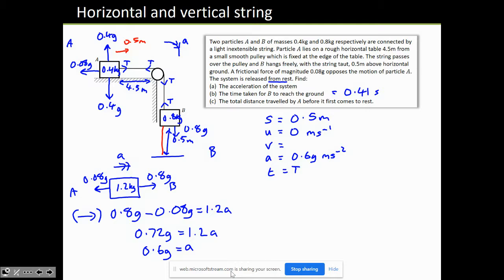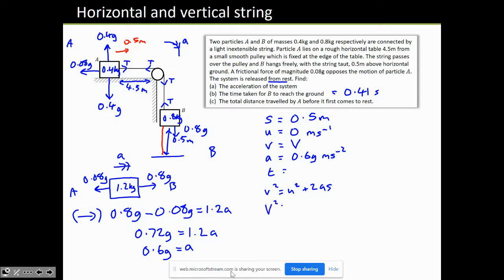All right, so let's think about that then. So this time, we can use the same information, but we don't need to know what our time is anymore. We want to know what our final velocity is. So we should recognize from this that we can use v squared is u squared plus 2as.